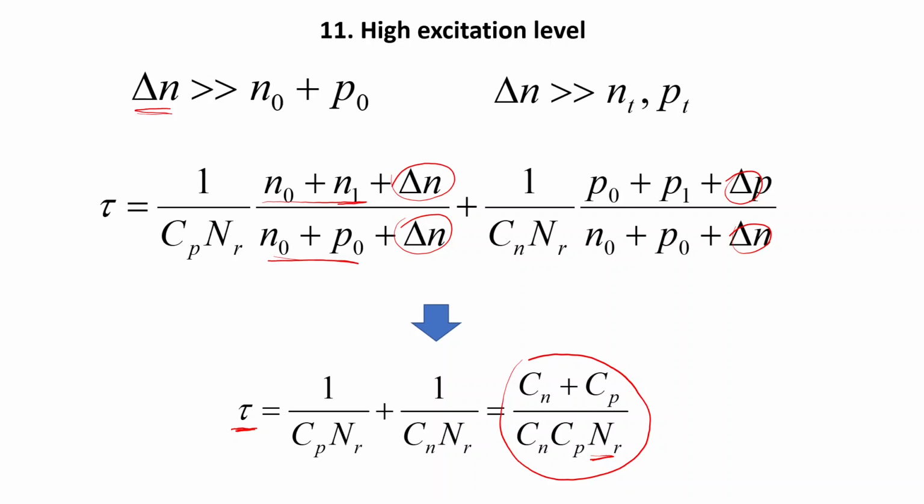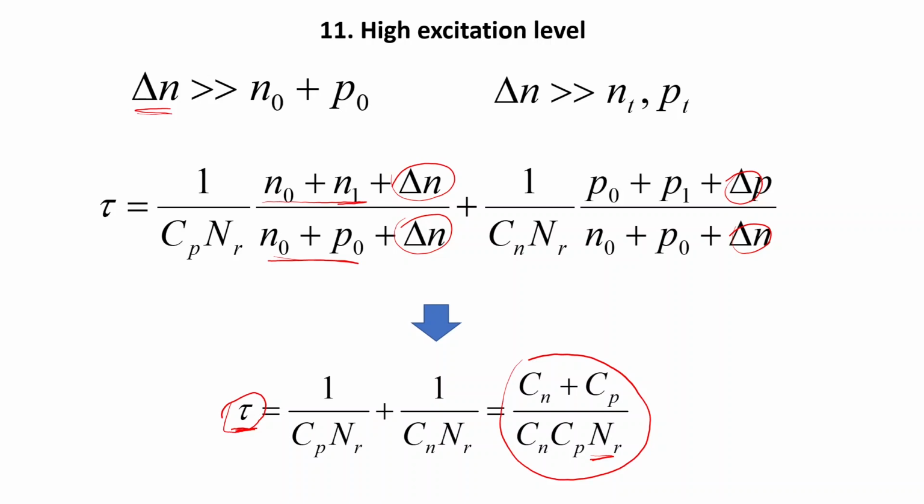So the higher this concentration of traps, defects, or impurity atoms which form these recombination energy levels in the band gap, the smaller will be recombination lifetime.